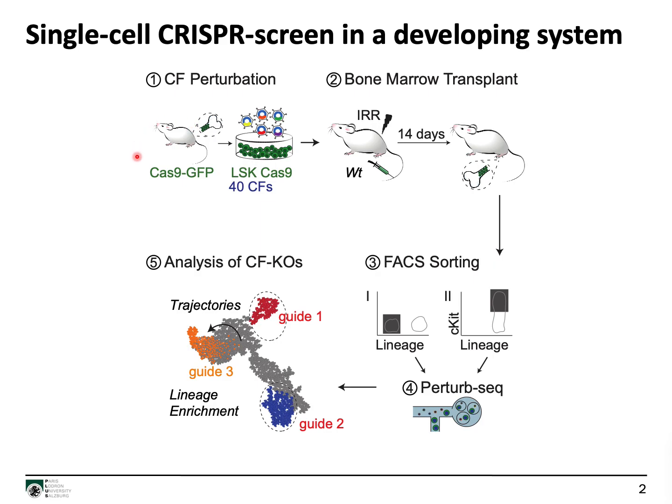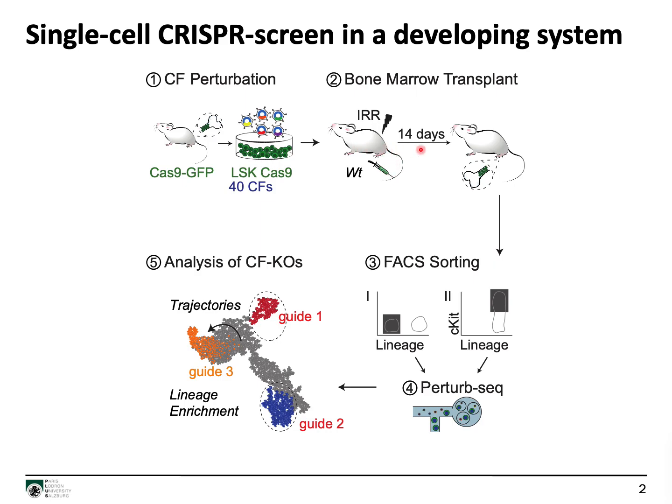So this project is based on experimental single-cell data where GFP mice were taken, and the bone marrow from these mice was transformed with viruses harboring guide RNAs for different chromatin factors. The stem cells or LSK cells from these mice were then transfused into mice with irradiated bone marrow, which were not Cas9 but wild type, so that the cells could be seen.